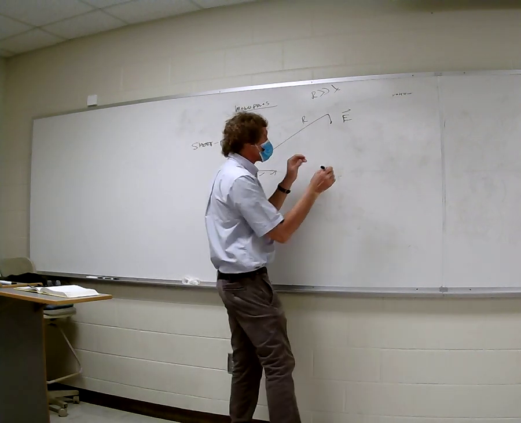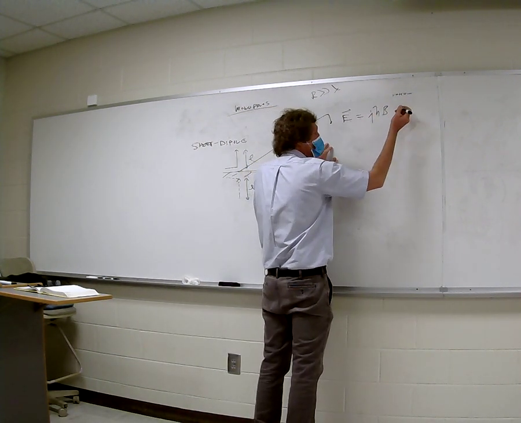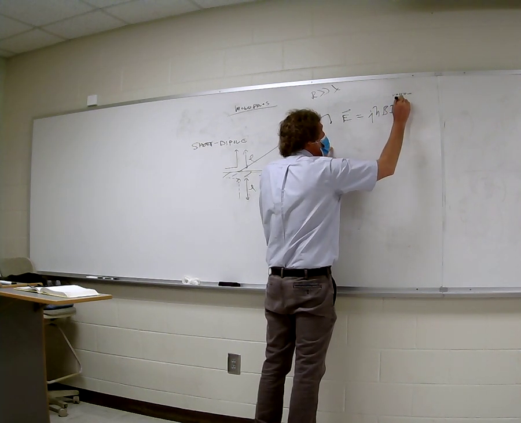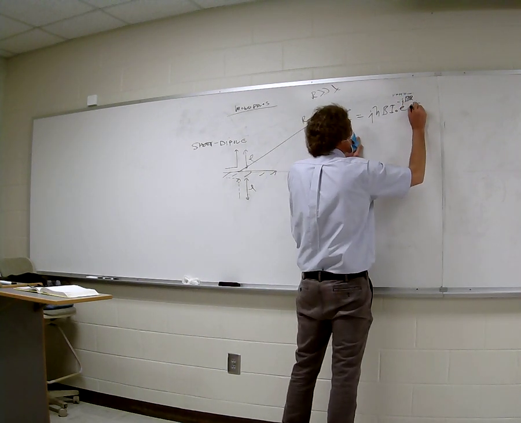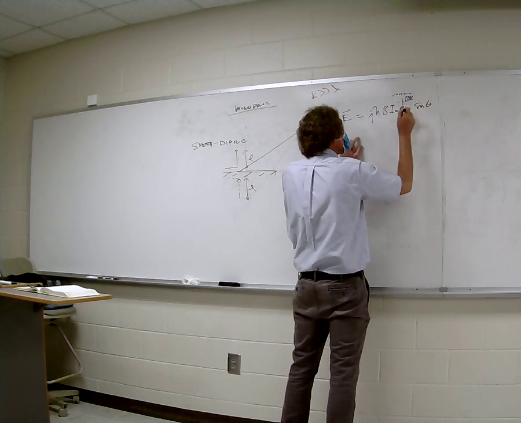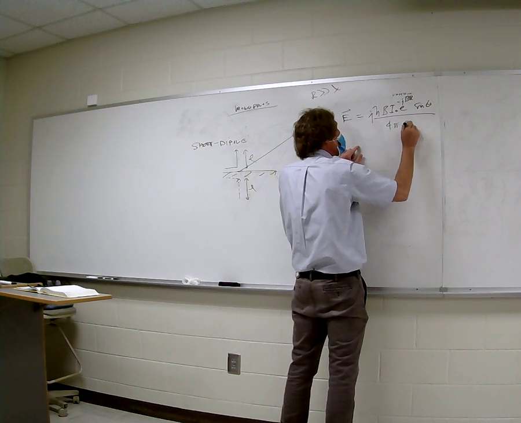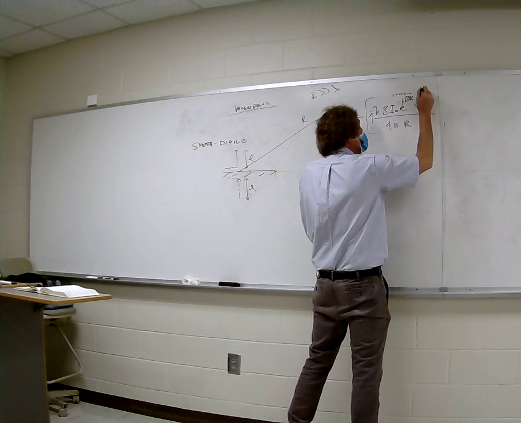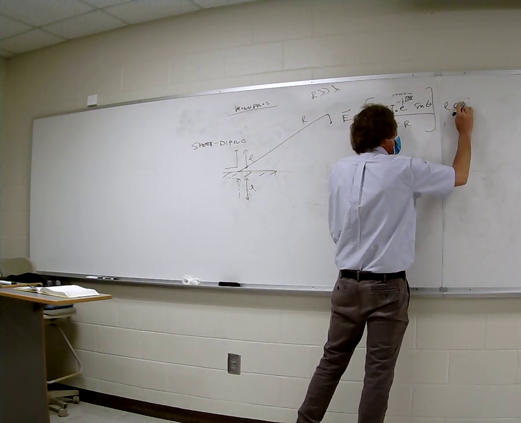But the E field for a short dipole, in general, is j eta beta, this is Dr. Wentworth's way of doing it, times I naught times e to the minus j beta r, and then times the sine of theta over 4 pi r, and then times L, in the A theta direction.